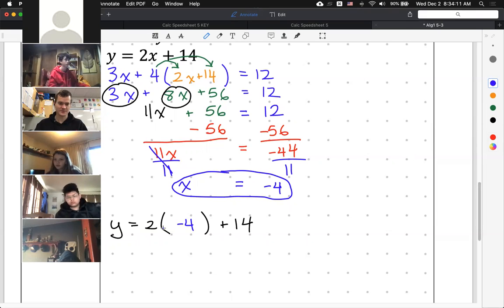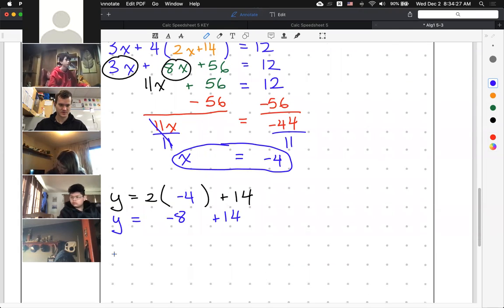Okay. I mean, you can still solve this, right? 2 times negative 4. What is 2 times negative 4? Negative 8. Negative 8. That's still doing plus 14. And then finally, what's negative 8 plus 14, Ripley? Would that be 12? Not quite.